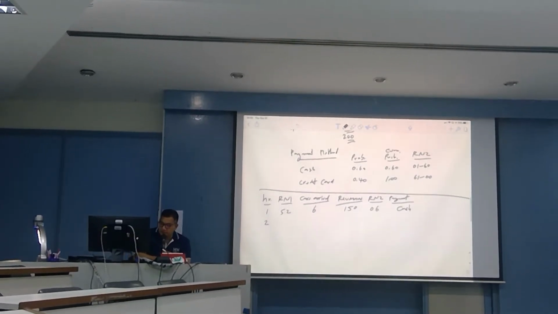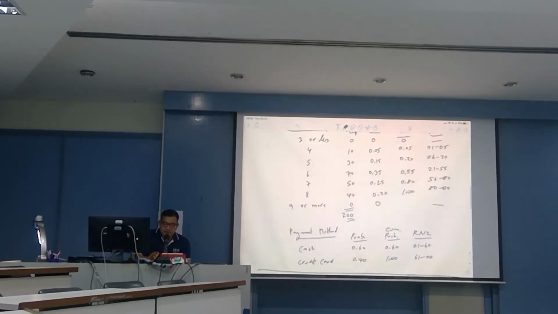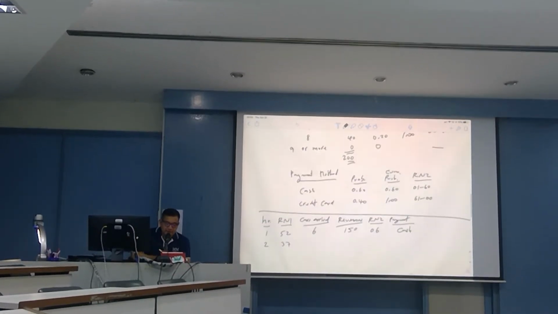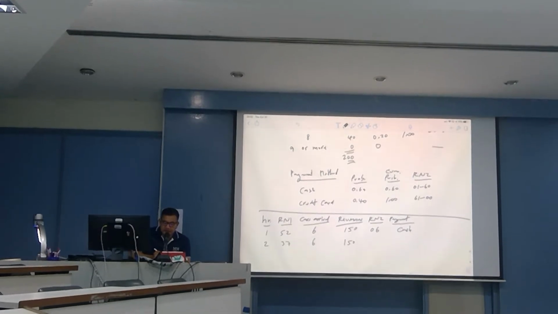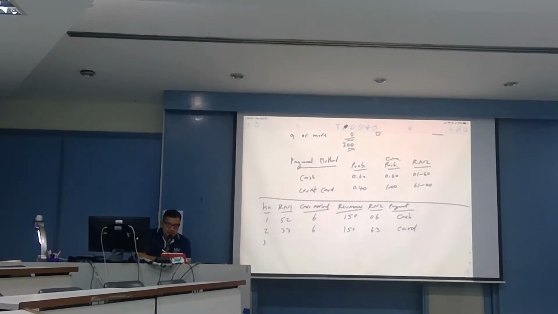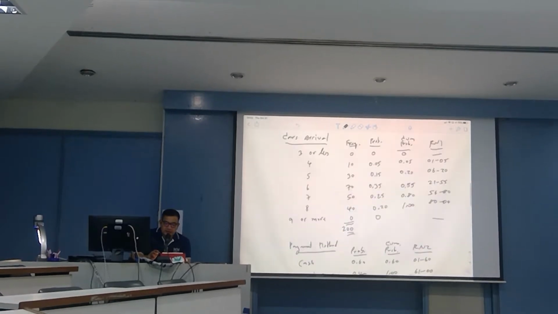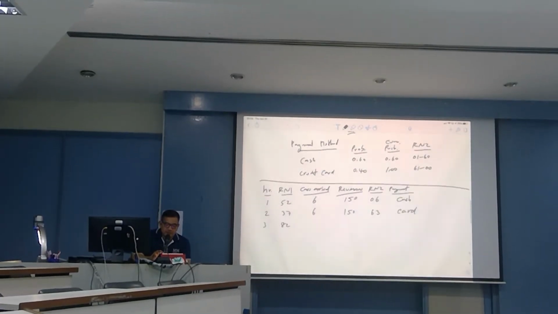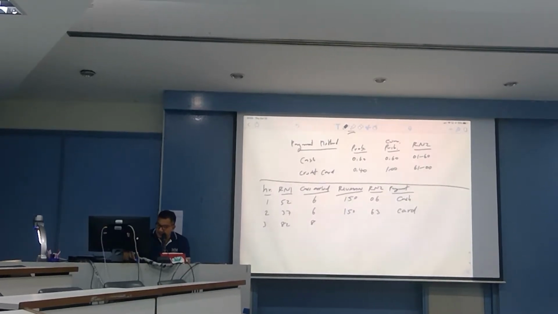Next one is again 37. 37 is in the same range. The next one is 50. 63 you have paid by card. The third hour, 82. 82 is in the range of 80 to 100, so we have number of cars of 8. So the revenue is going to be 200.